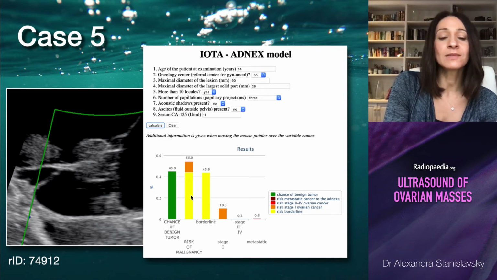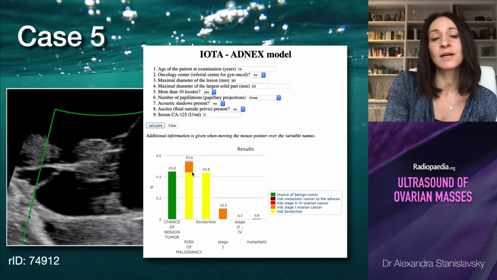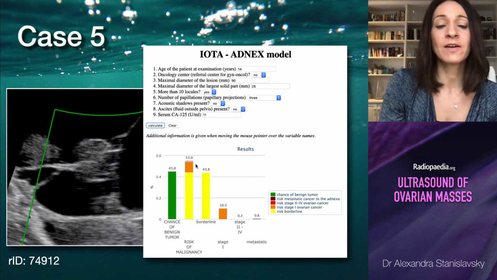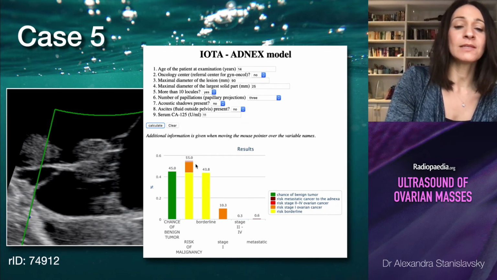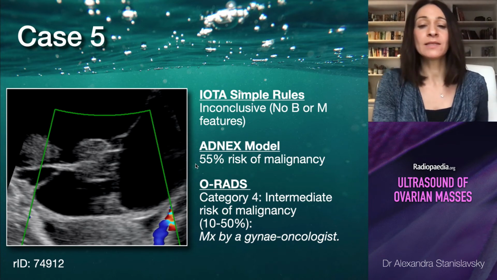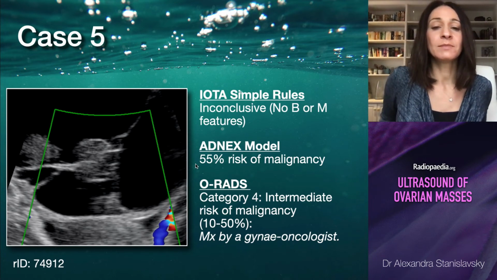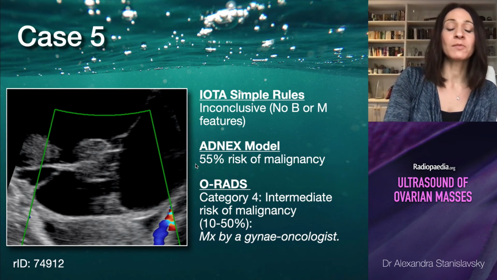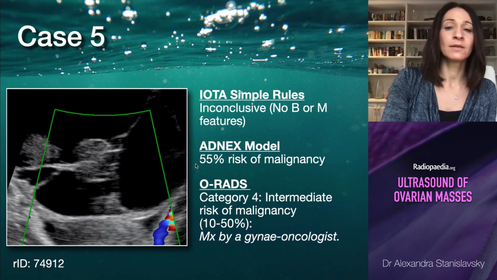So what we get is we've got reasonably high risk of malignancy, right? And most of it is considered borderline risk, but 55% overall risk of malignancy. And according to O-RADS, it's an intermediate risk for malignancy, which also recommends essentially management by a gynaecologist.